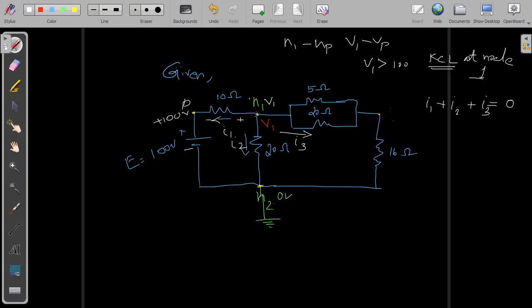So I1 will be equal to V1 minus 100 divided by 10. So this will be my I1. I'm calling this equation 1, or equation A.